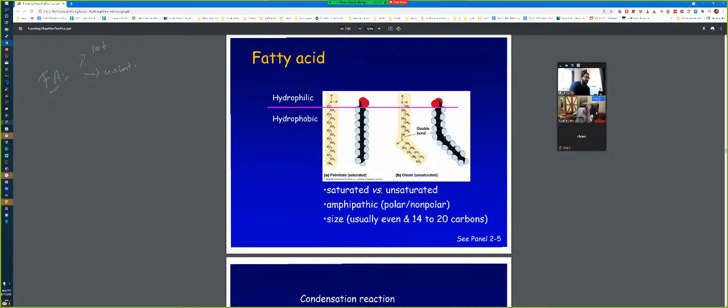Saturated means it's just full of single bonds, and unsaturated means there's a double bond involved. The double bond creates a kink in the structure, and that means it cannot be compacted as tightly.